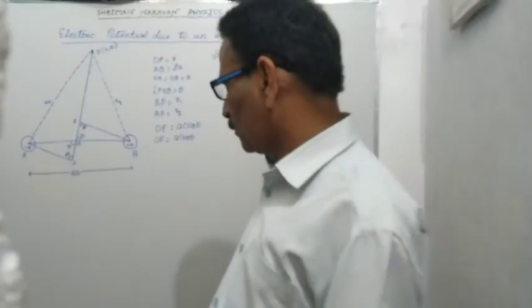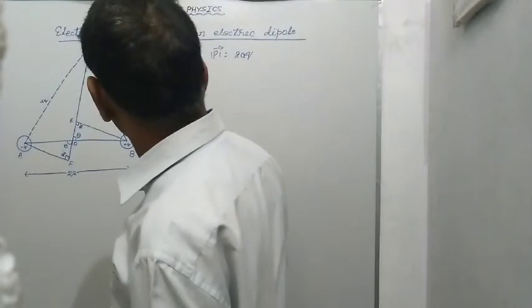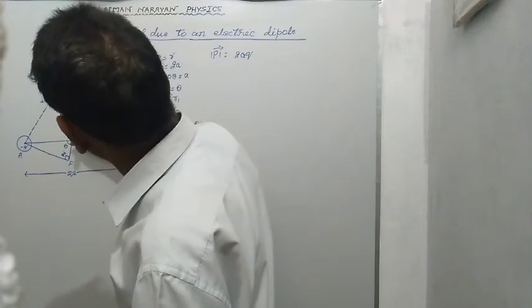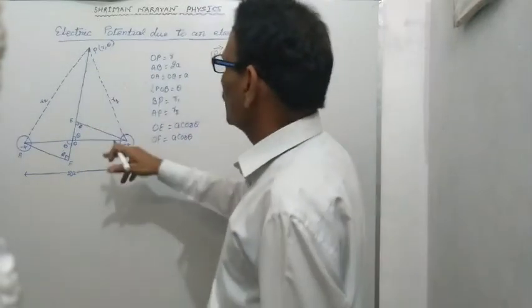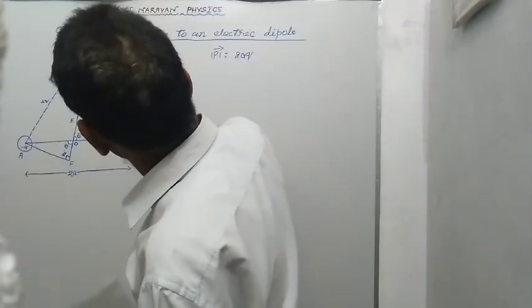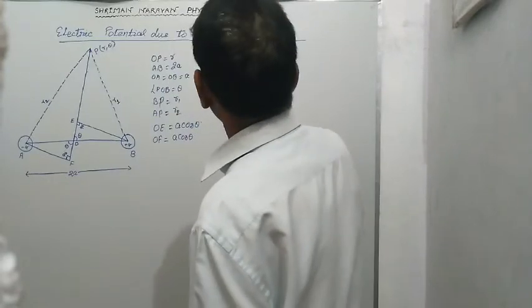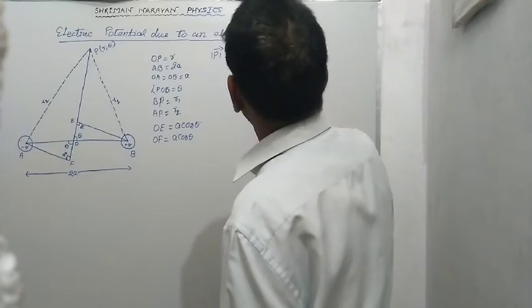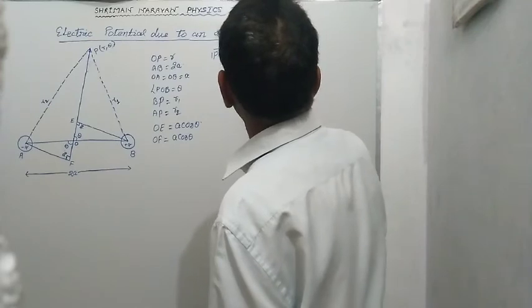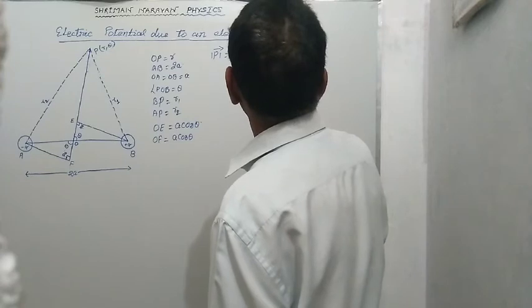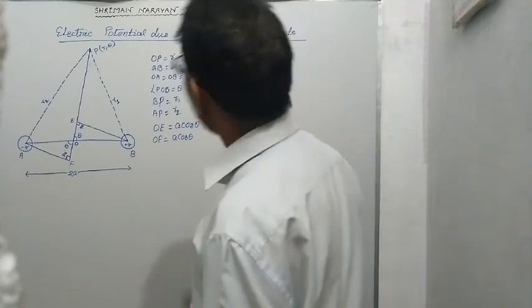One thing I am going to tell you: this distance R1 will be equal to OP minus OE. From geometry, this distance R1 will be equal to OP minus OE, and OP is R, so we will write R minus a cos theta.